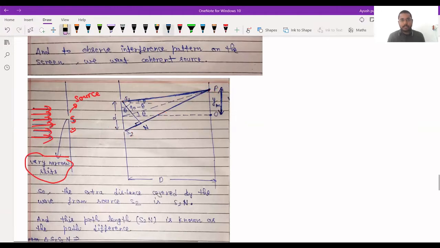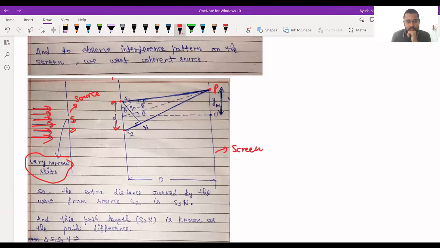Now let's understand what is happening at this point P. So this is the experimental setup of the Young's double slit experiment, and now we have assumed that the distance between these two slits S1 and S2 is small d. This is the screen, and this point P is on the screen.